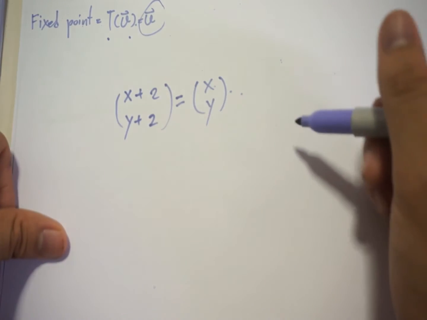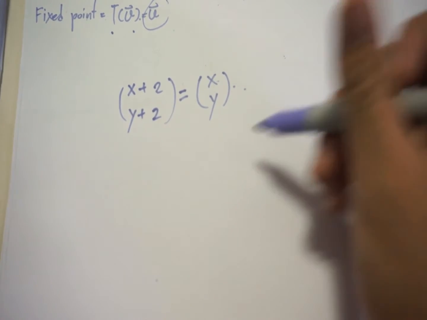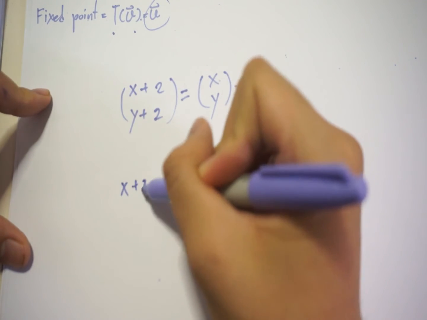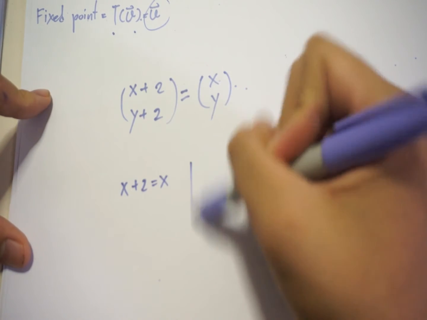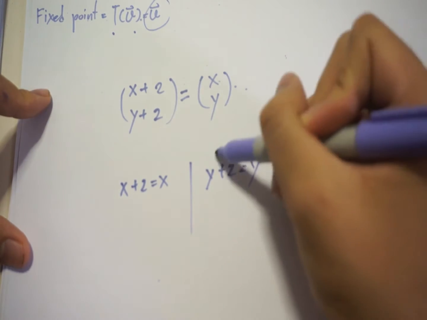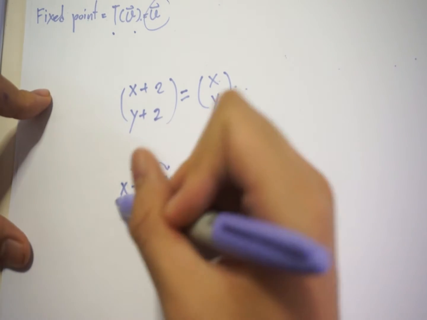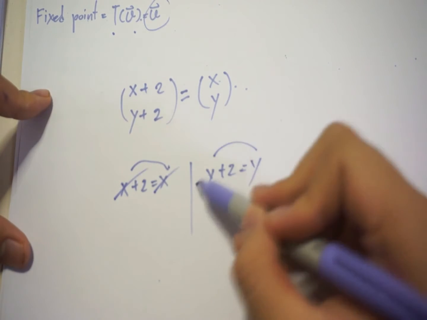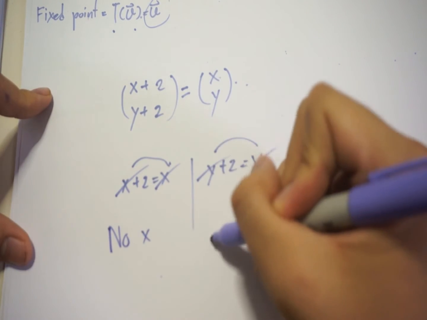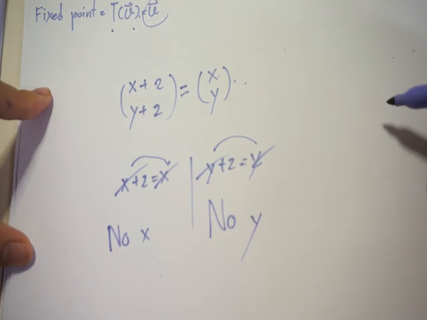As you can see now, there is no correlation to each other, even if we try to separate them to find whether it is equal or not. Either way, you get no answer. So no point in x and no point in y.